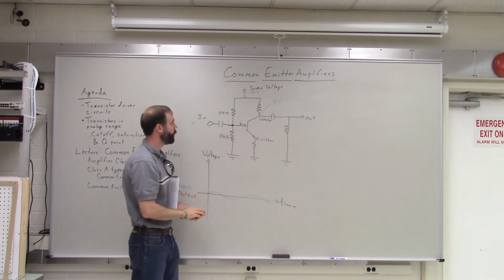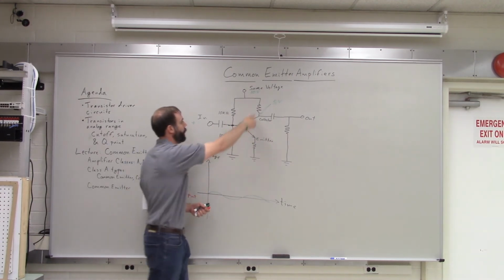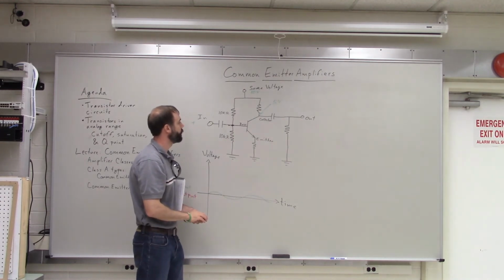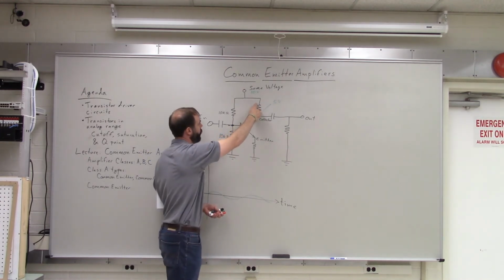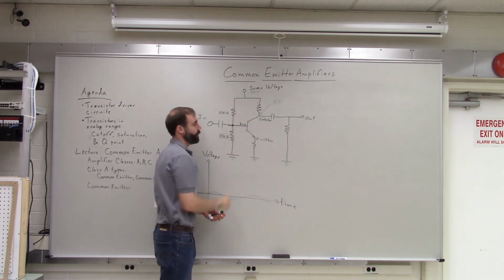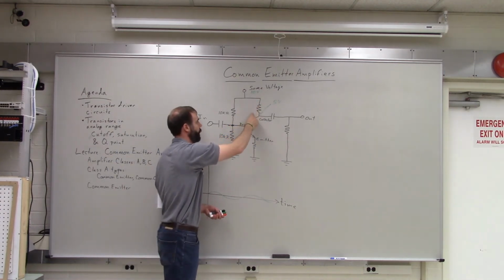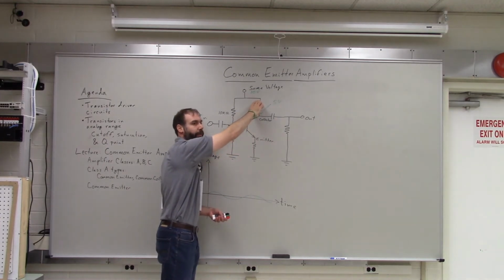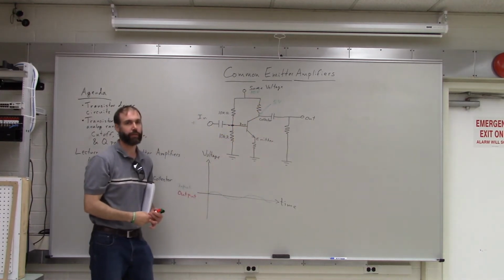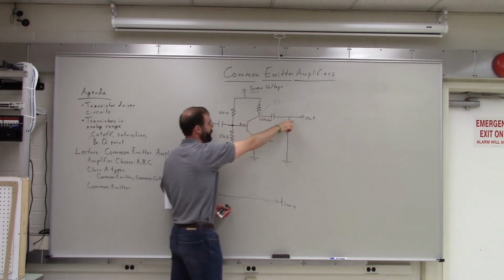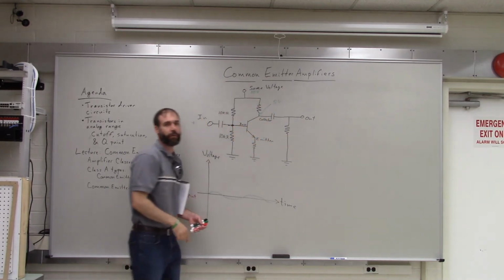So if more current is flowing through the collector, then more current is flowing through this resistor as well. And if more current is flowing through this resistor, then you have more voltage drop across this resistor, right? And if we have more voltage drop across this resistor, that means that our output is going to go down.